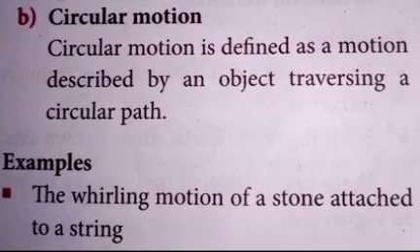Second type, circular motion. Circular motion is defined as the motion described by an object traversing a circular path, which means an object moving around in a circular path. For example, the electrons revolving around the nucleus, keeping the nucleus as the center.